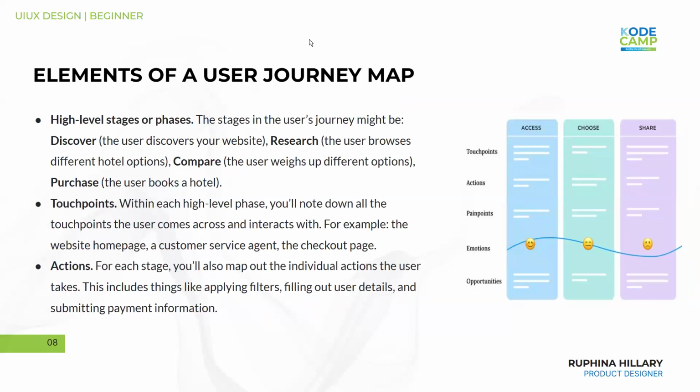So, other elements now, you have the high level stages or the phases. These are the key stages I've been mentioning when I gave the scenario of awareness, the first time they encountered your product, and purchase, if at any situation they have used your product and they want to finally purchase.